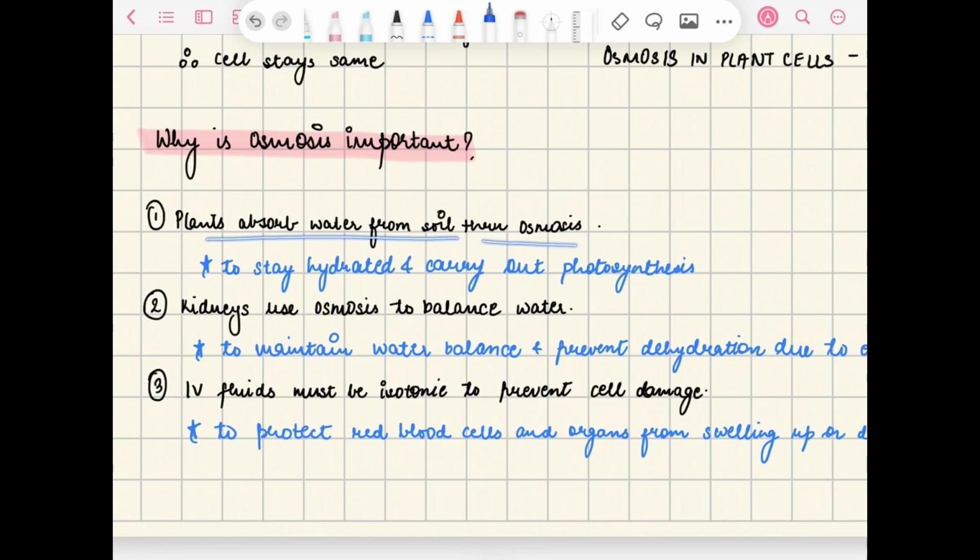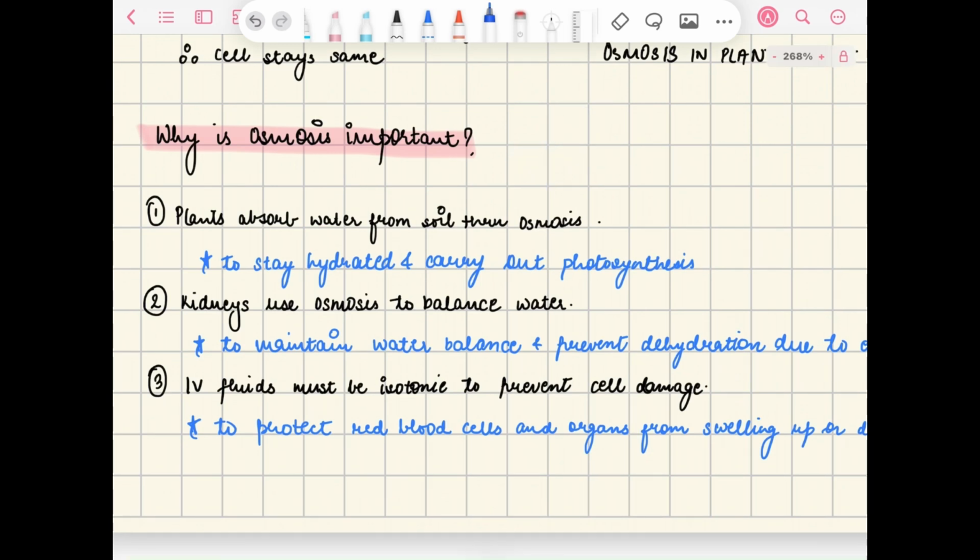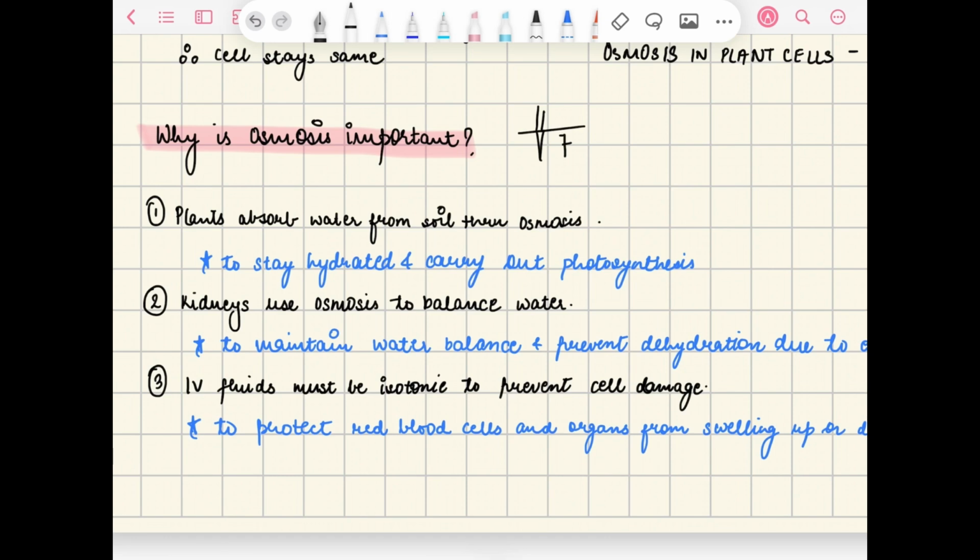Plants absorb water from soil through osmosis. So what do the plant roots contain? It contains salt and minerals, and the inside is less watery than the surrounding soil. So if we take a figure like this, okay, now we have a plant, pardon my drawing, I know it's very bad. So we have a plant, and this is clearly the root part, and here we have the surrounding soil.